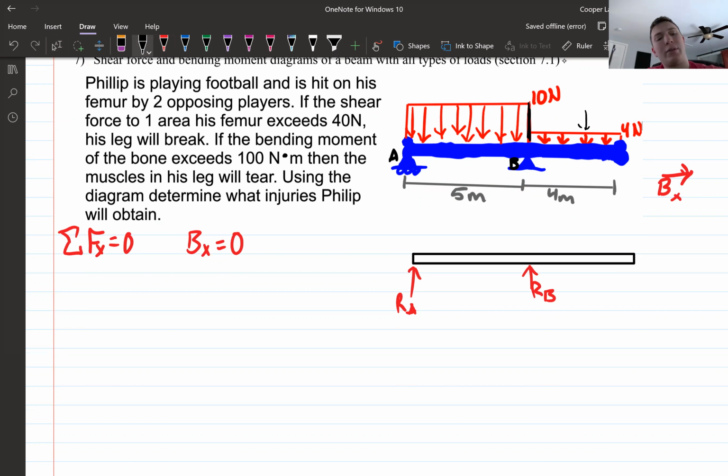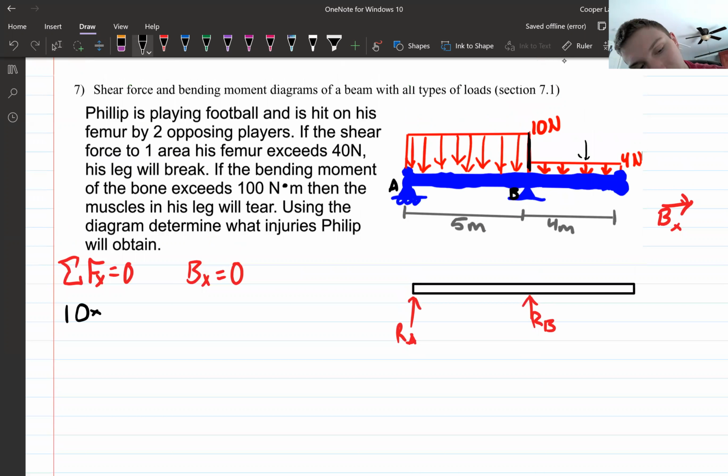In order to get the force at one point for a rectangular distributed load, I do my height times my base to figure out the total force created by this distributed load, 10 times 5. This equals 50 newtons for the whole distributed load.